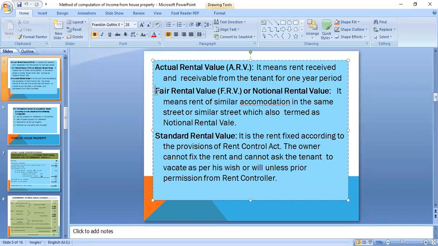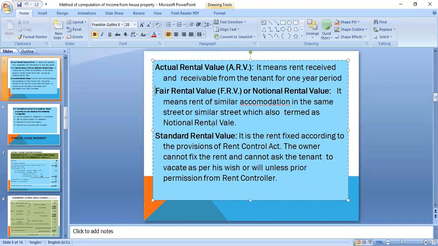Suppose I tell you that I gave this house for 6,000 rupees only, but in the next lane or in the same street, the other person gave it for 8,000 rupees. Then definitely it is going to differ. So they are going to check in the same street what the rent value is for the same accommodation provided, and that is considered the fair rental value.